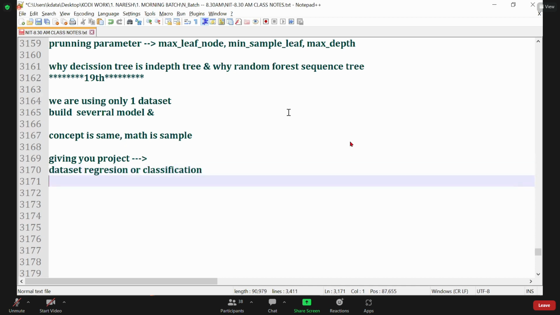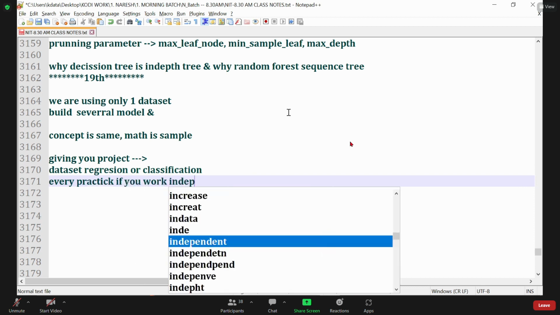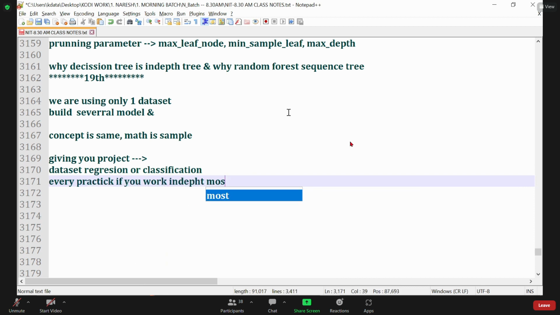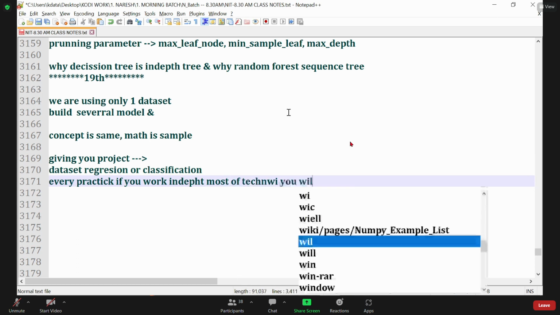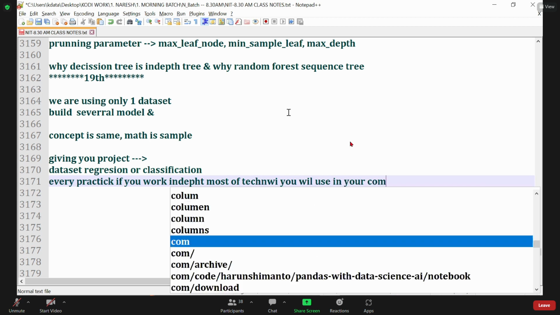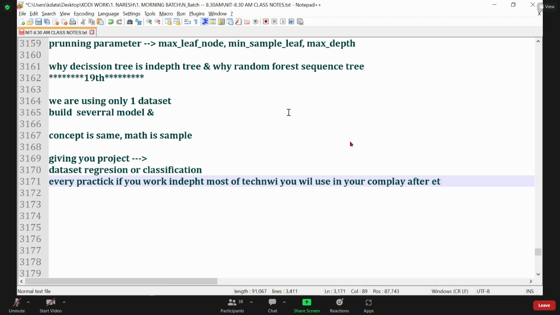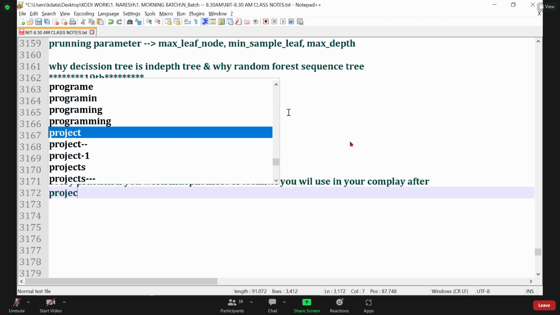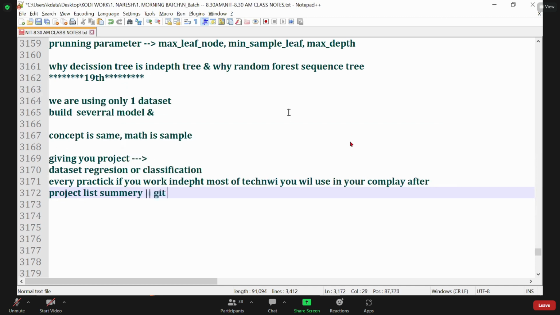Second thing, in every practical I shared with you, if you work in depth, most of the techniques you will use in your company after you get your job. That's for sure. Are you getting my point? So at the end of the day, I will give you a project list summary, along with my GitHub repo, which contains 500 projects, guys.